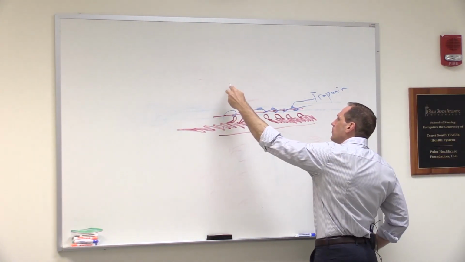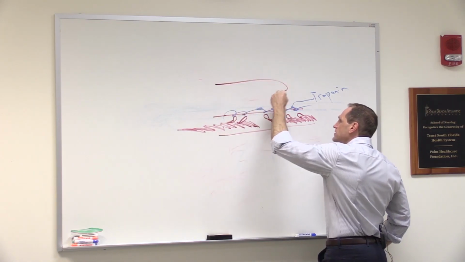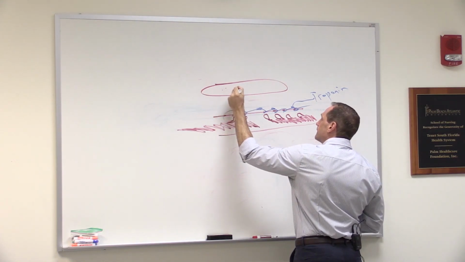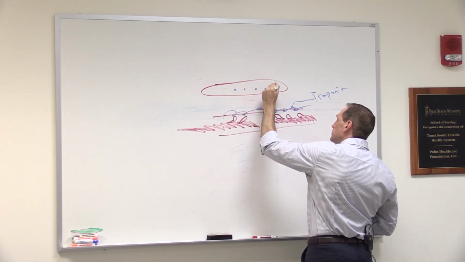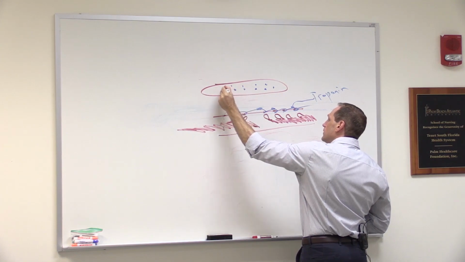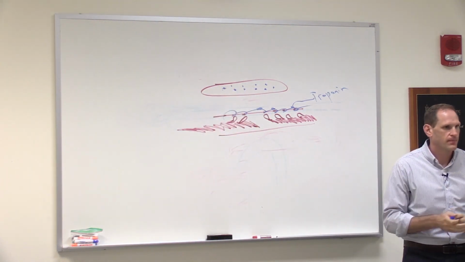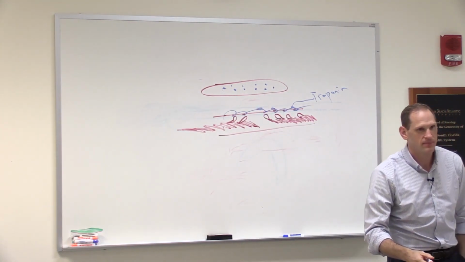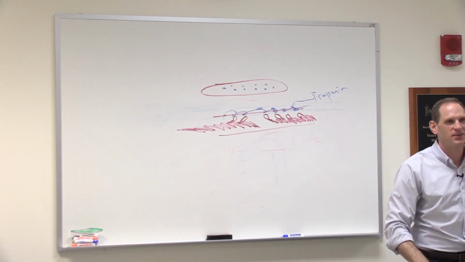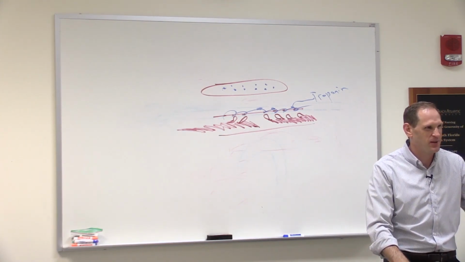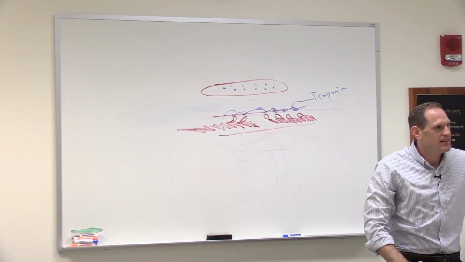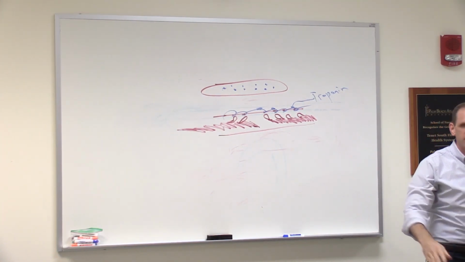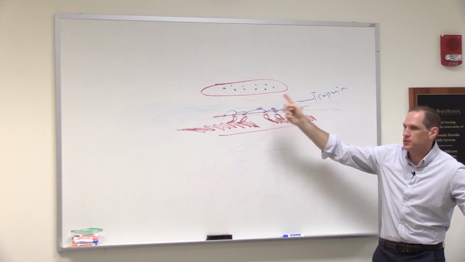So when we don't want the cell to contract, we trap the calcium where? These little blue dots are calcium. Where do we trap the calcium? In the sarcoplasmic reticulum. So how do we get the calcium out of the sarcoplasmic reticulum to where it can activate the troponin?